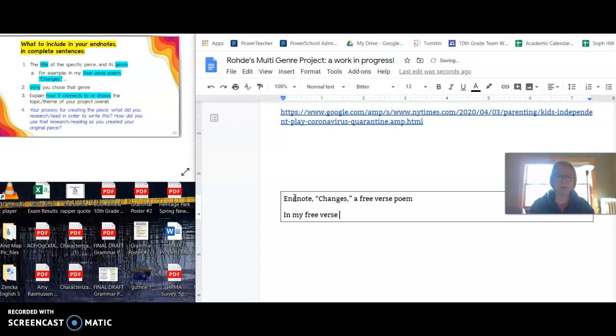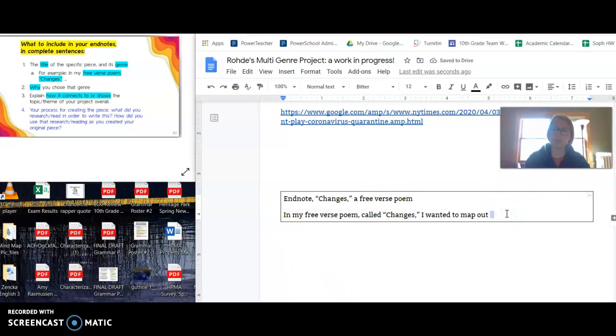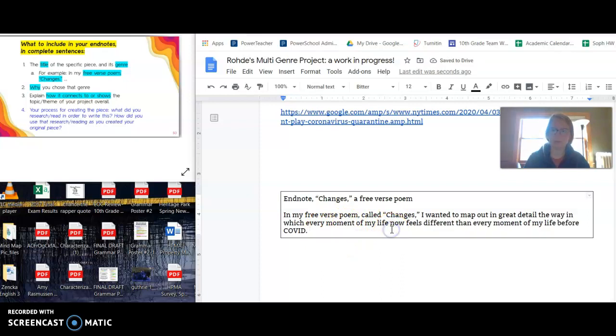In my free verse poem called Changes, okay, why I chose that genre. I wanted to map out in great detail the way in which every moment of my life now feels different than every moment of my life before COVID.